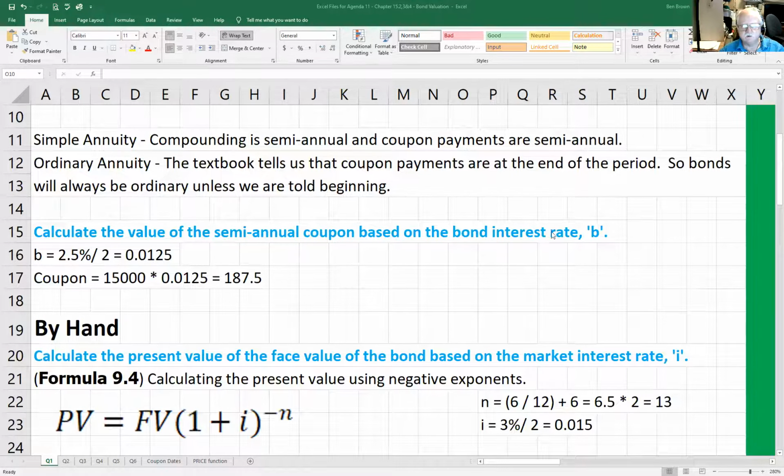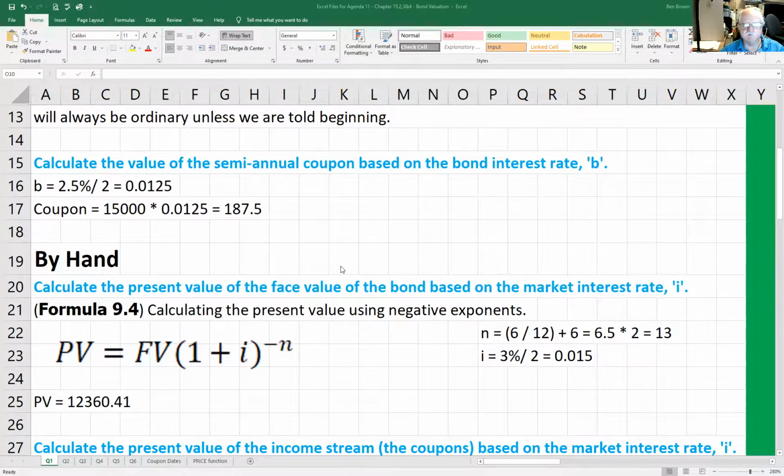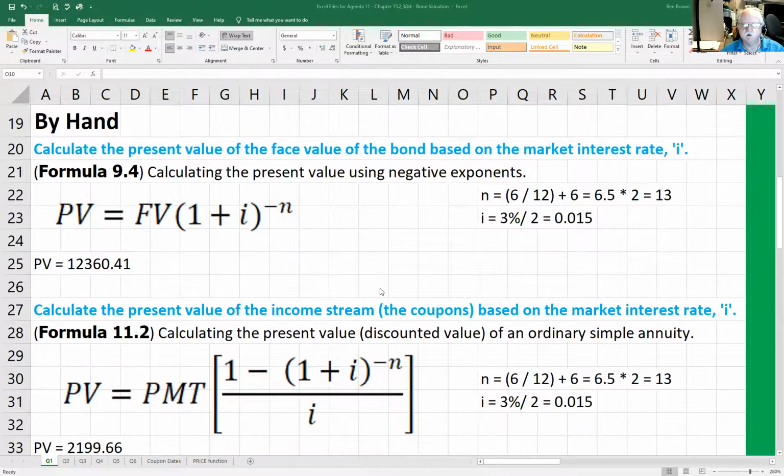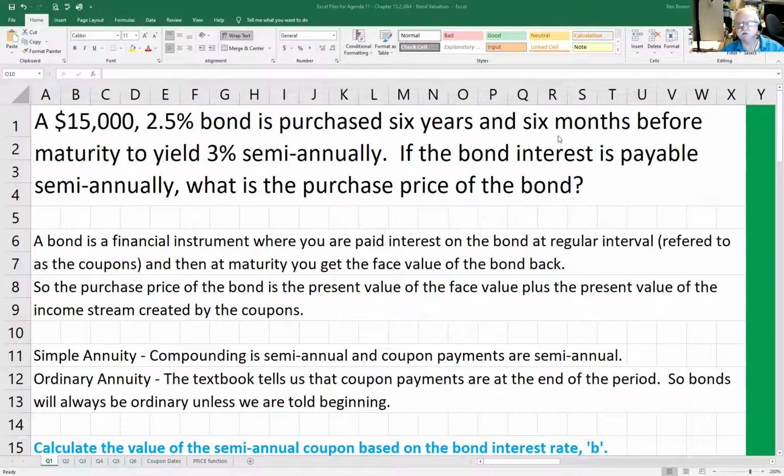So here we calculated that the coupon was worth $187.50. And now we can figure out the value of the bond. That is what someone's going to pay for it today. First off, we want to find the present value of the final amount. In this case, the future value is the full value of the bond. So we're using n equals 13 because we were dealing with 6 years and 6 months.